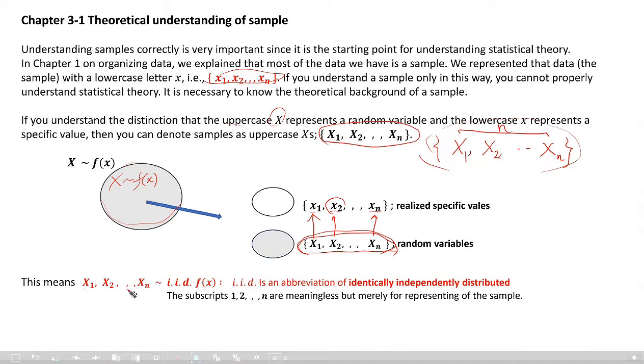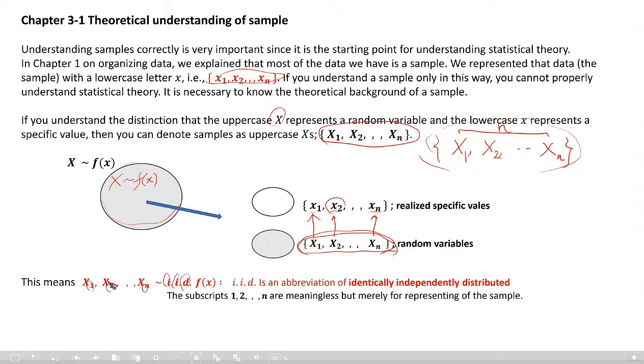This means X1, X2, Xn, n random variables, follow IID f of x. What is IID? IID is the abbreviation of identically, independently distributed f of x. The subscripts 1 to n are meaningless. They just represent a sample. So you may ignore them, okay?